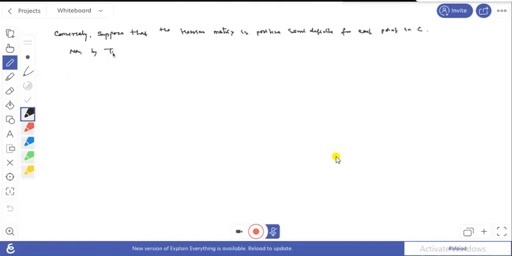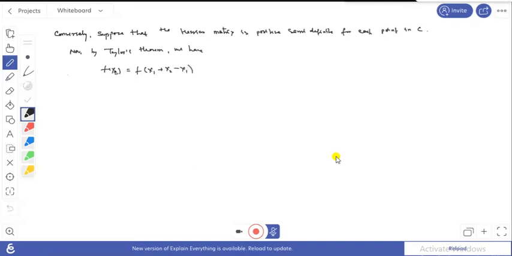Okay, so now by Taylor's theorem, we write f(x2) as f(x1) plus (x2 minus x1) in this manner.